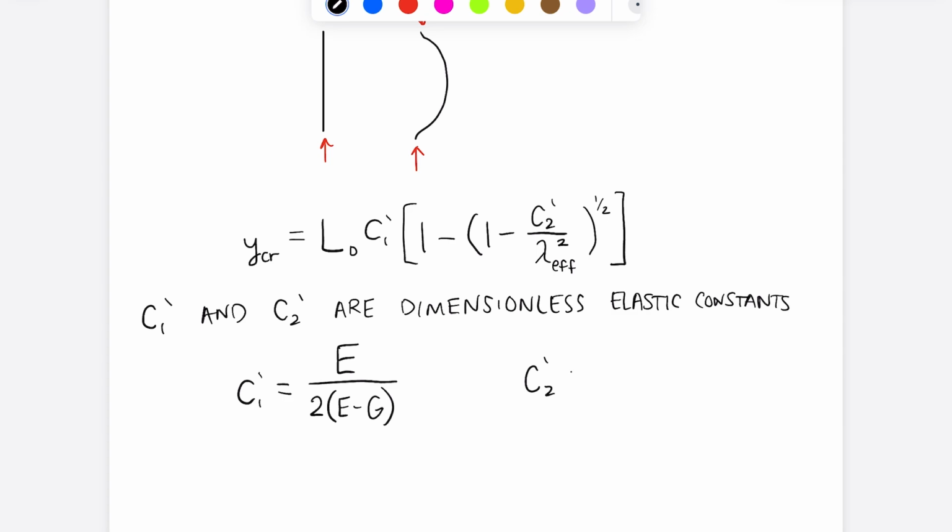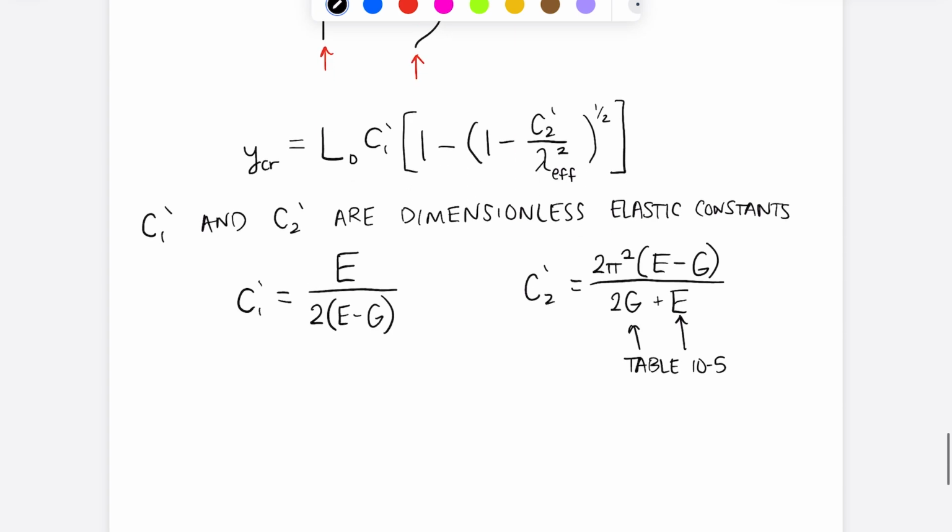And C2 prime is equal to 2 pi squared times (Young's modulus minus shear modulus) divided by (2 times the shear modulus plus Young's modulus), where these moduli values come from the material of the spring, which again you can find in table 10-5, for common spring materials.